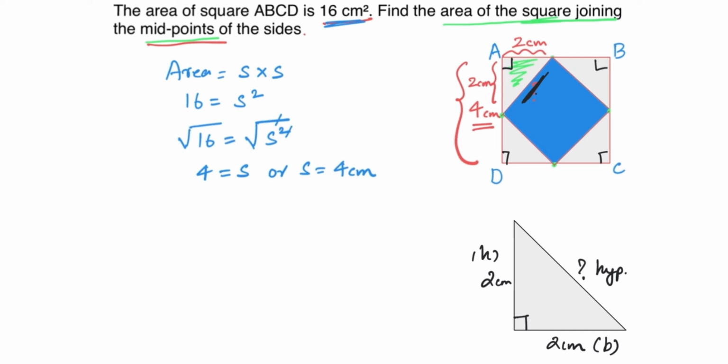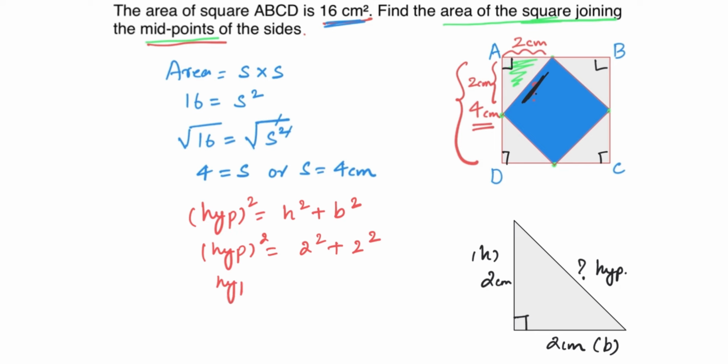So here it's the height and this is the base. We'll use the Pythagoras theorem, which is hypotenuse squared equals height squared plus base squared. We'll substitute the values. We don't know the hypotenuse, so we'll write it the same in the next step. This will be 2 squared plus 2 squared. 2 squared is 4.